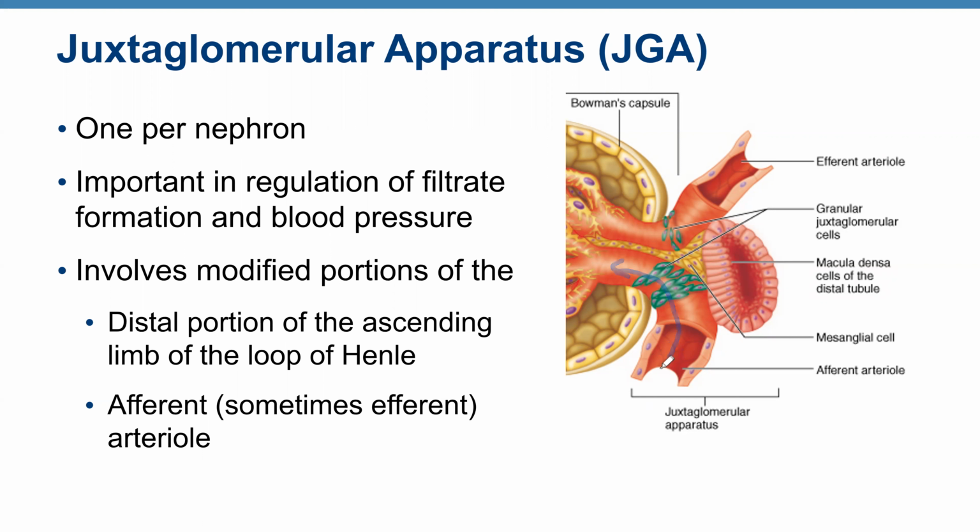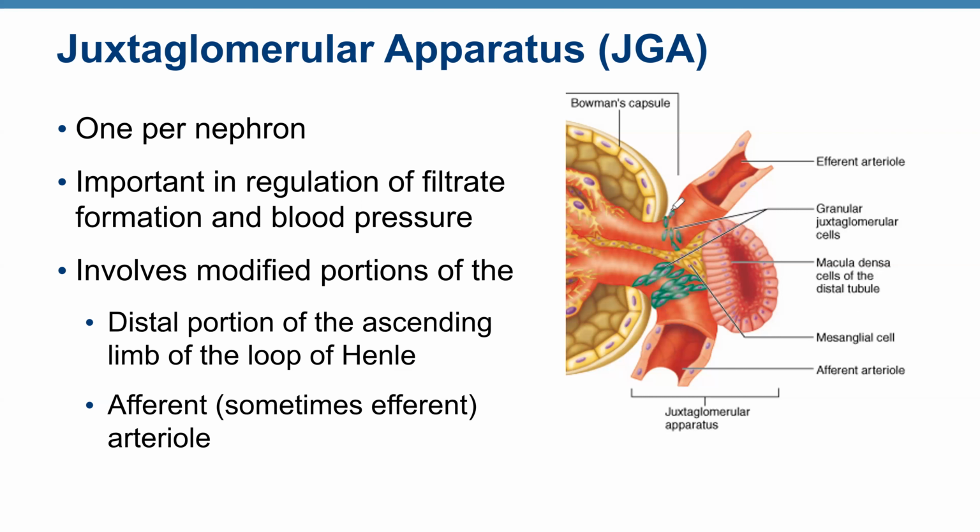All right, so the part of this arteriole, sometimes this arteriole and our loop of Henle, in some books, instead of loop of Henle, you will see that it's called the distal convoluted tubule. So it's a distal convoluted tubule or loop of Henle. I guess both can be a part of this apparatus.